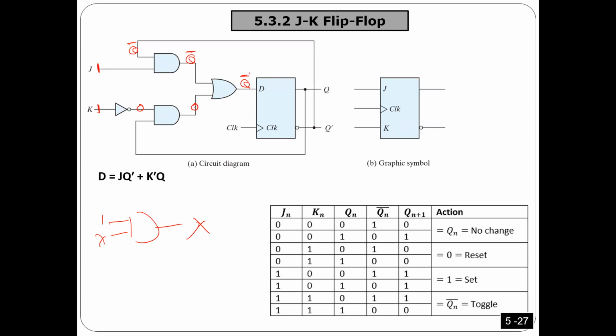That means Q is equal to Q prime. Toggle. Because you know in a D flip-flop, Q is equal to D. If I put Q prime in D, this one will come here. Q is equal to Q prime. Anyway, see you next time. Again, this flip-flop is very important. We're going to use it all the time.